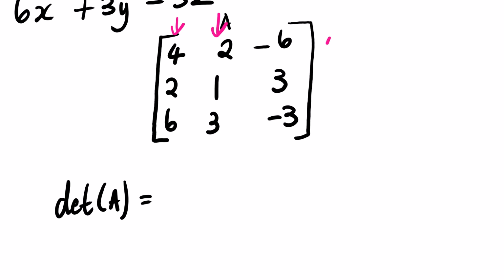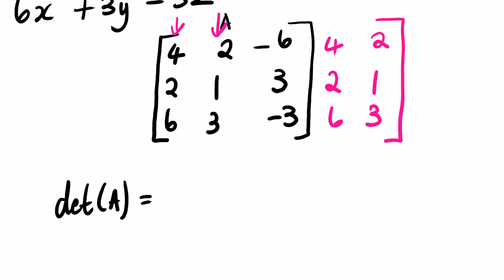So we have 4, 2, 6, 2, 1, 3. It's an extension. There is a lesson video whereby we look at how to calculate the determinant using this method.